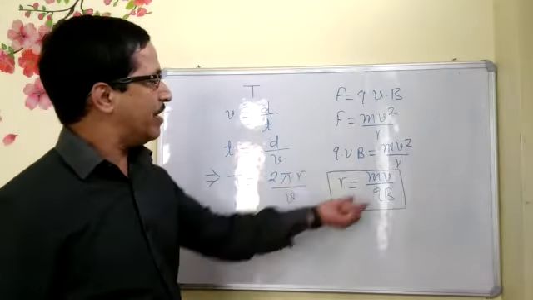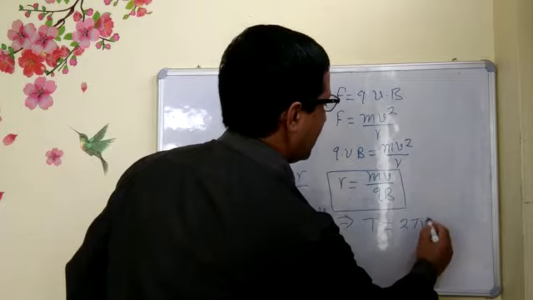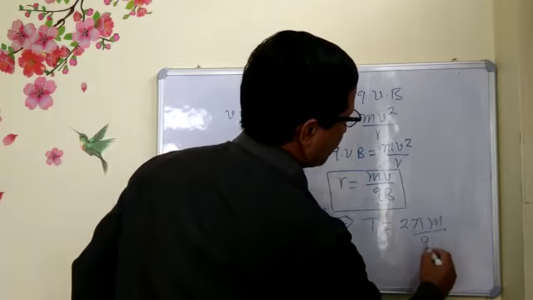Replacing r by mv upon qB, we will get T equal to 2 pi mv upon v into qB. This gives us T equal to 2 pi m upon qB.